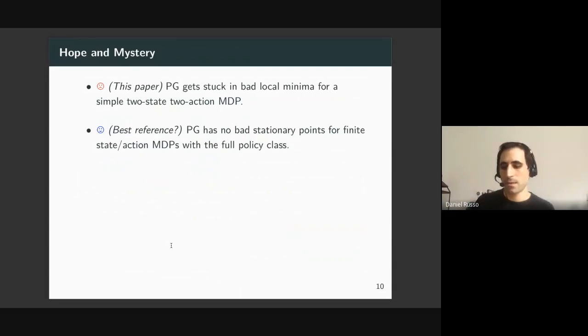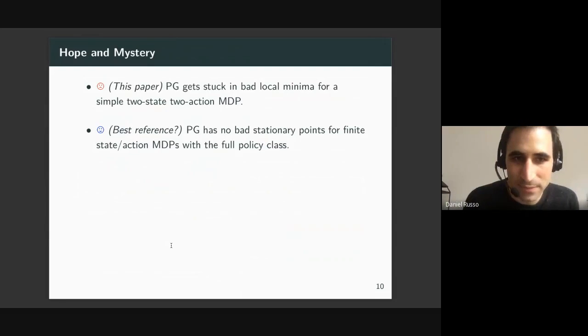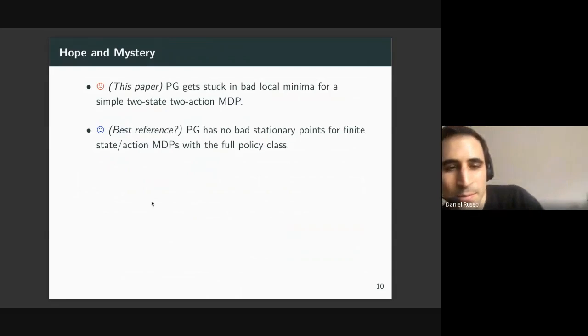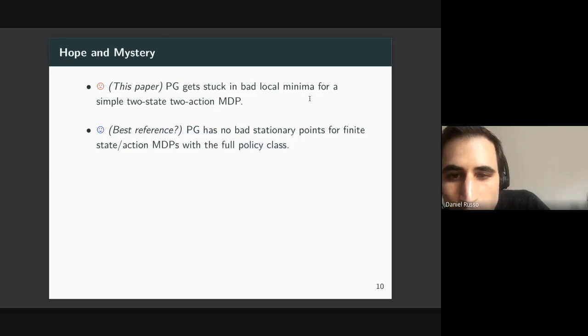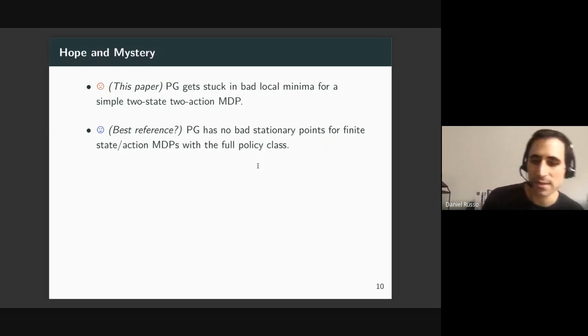So if the story ended there, it would maybe be some bad news, at least for me. But there's some hope and mystery here. I've shown you that policy gradient gets stuck in a bad local minimum in general. But there's no bad stationary point of the loss function for finite state and action MDPs with the full policy class.